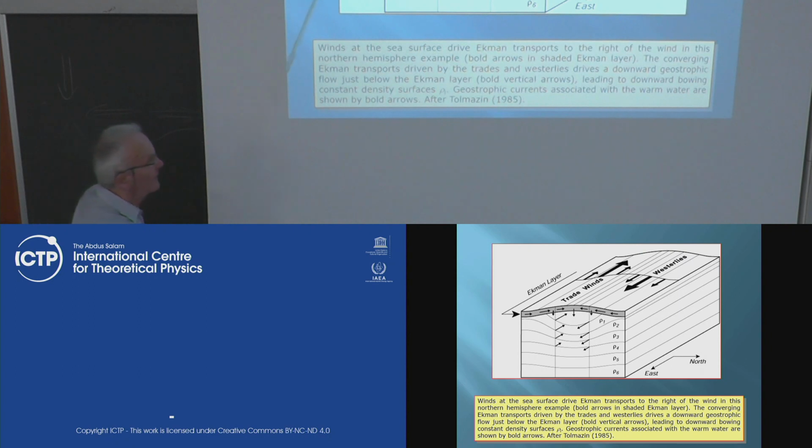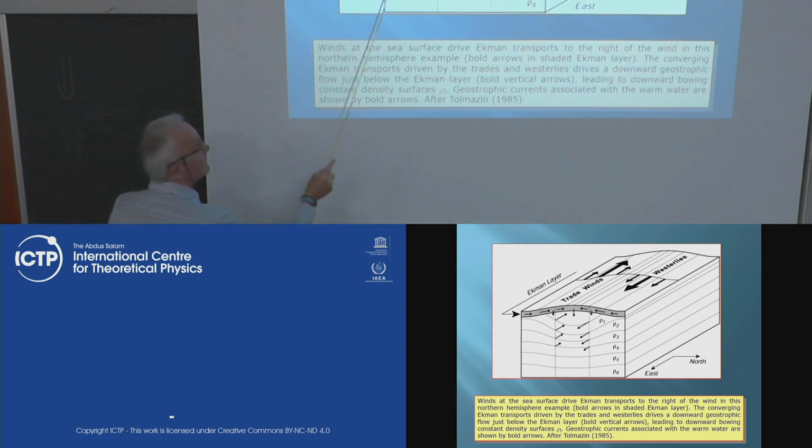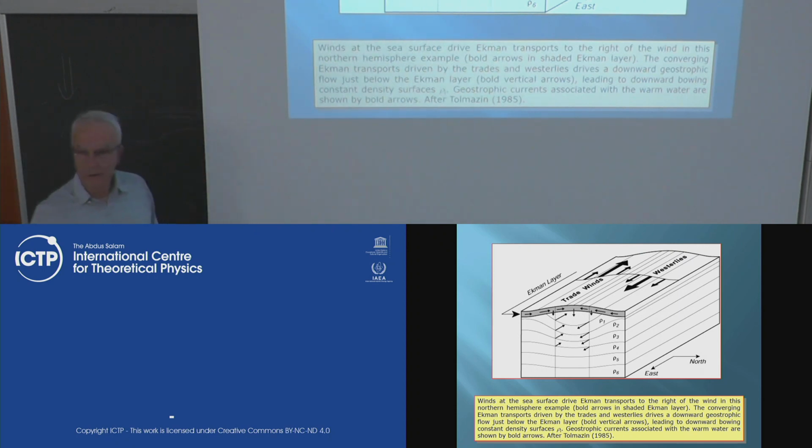So by Ekman transport, not only is there a deformation of the sea surface, there is also deformation of the interfaces. Not only that, but the deformation of the sea surface is on the order of centimeters or tenths of centimeters over thousands of kilometers in the world ocean.